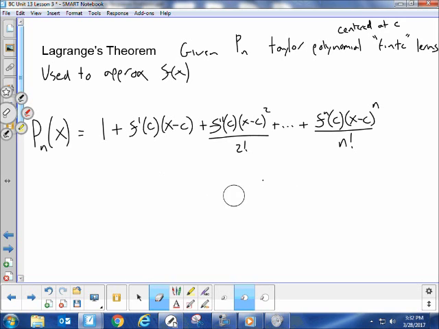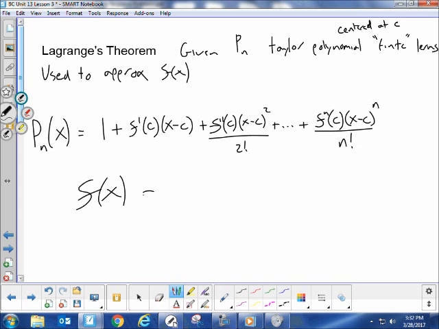So, sorry, f of x will equal the polynomial approximation to it, as long as you just add a little bit more, whether you add it or subtract it. This could be above or below the actual value, but only if we add an r.